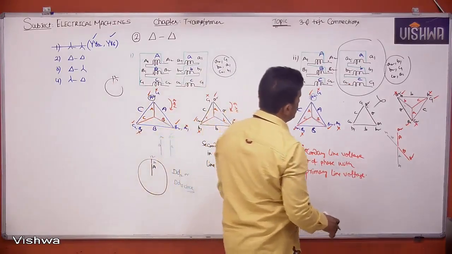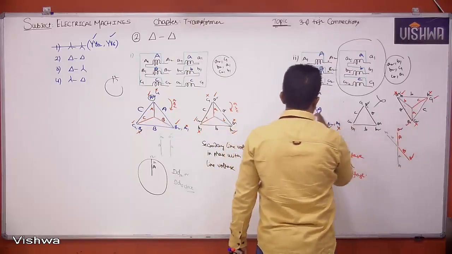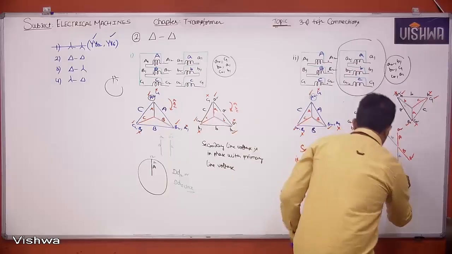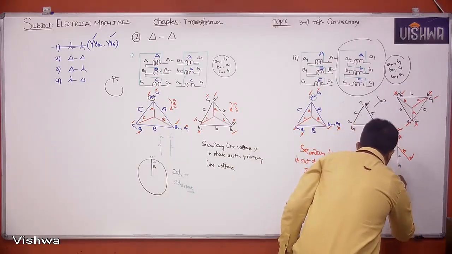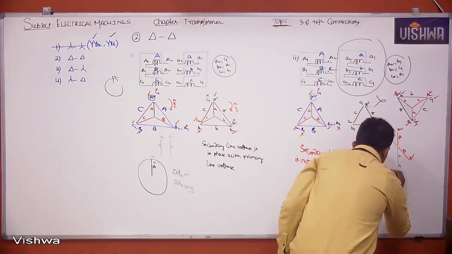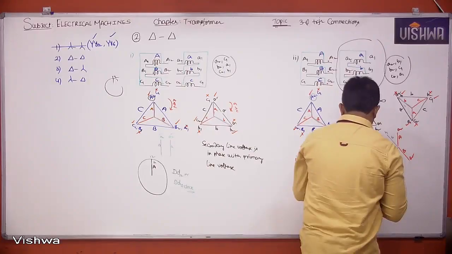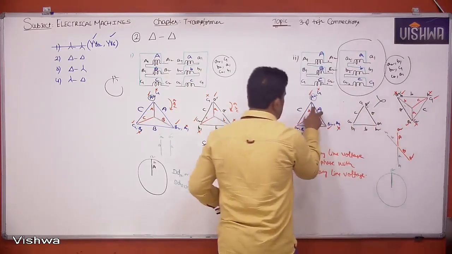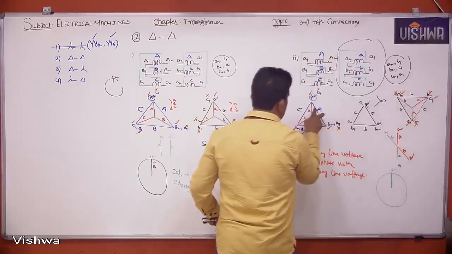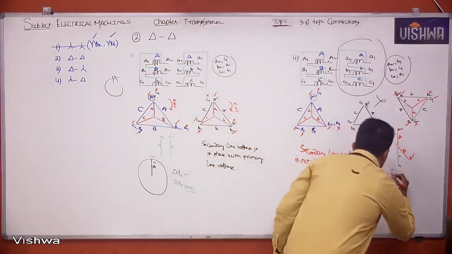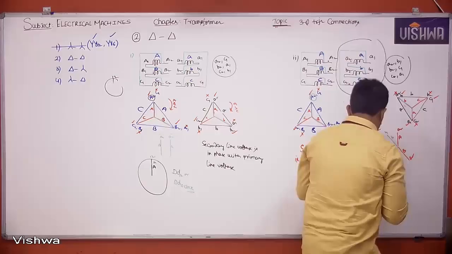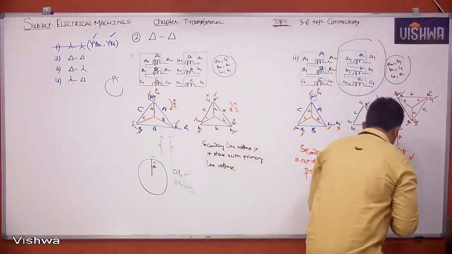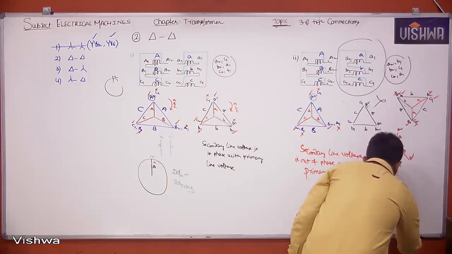Therefore, you have to compare small a with capital A, not small b with capital B. So, in a clock, this is 12 o'clock. Okay, so I can say that if you take this star and superimpose here, capital A is here. Small a is here.